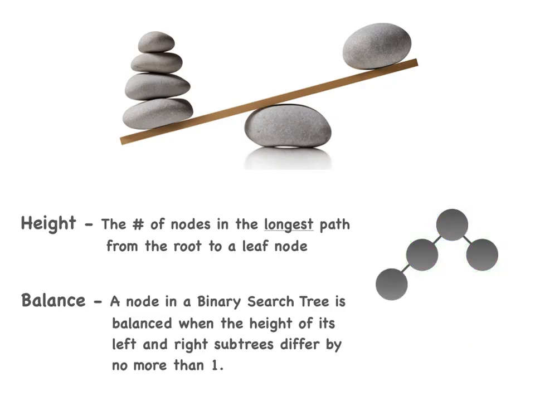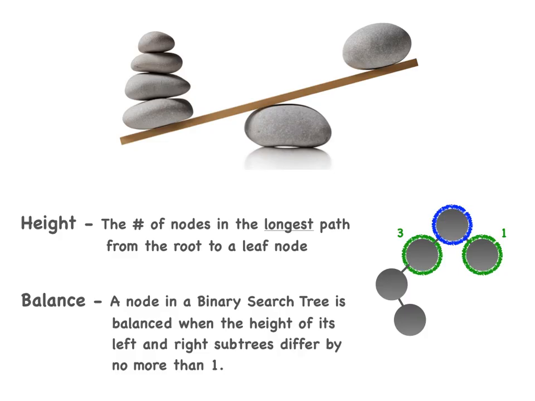Now suppose this is my tree, and once again, I want to determine if the root is balanced or not. Well, in this case, the height of the left subtree is 2, while the height of the right subtree is 1, giving me a height difference of just 1. So once again, this tree is balanced. Now suppose this were my tree. In this case, the height of the left subtree is 3, while the height of the right subtree is 1, giving me a height difference of 2, which obviously is greater than 1.